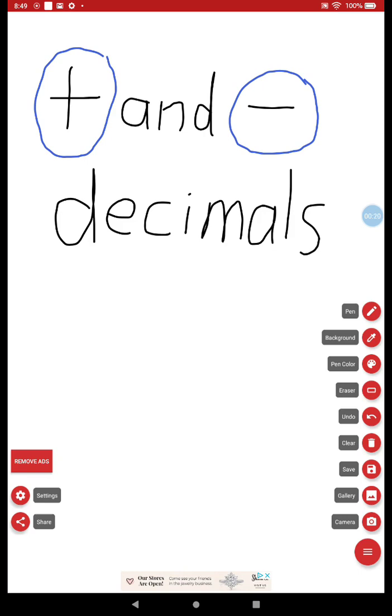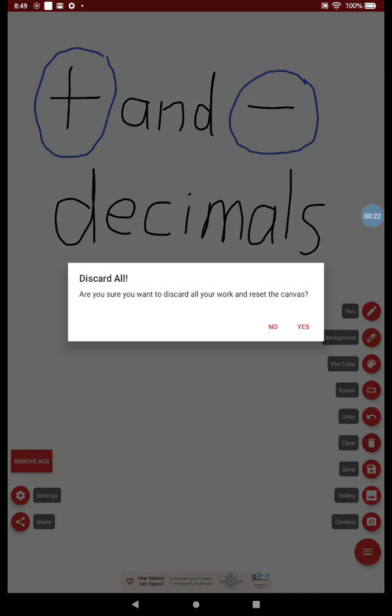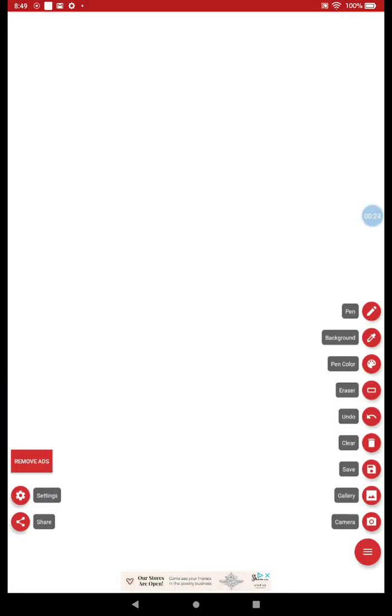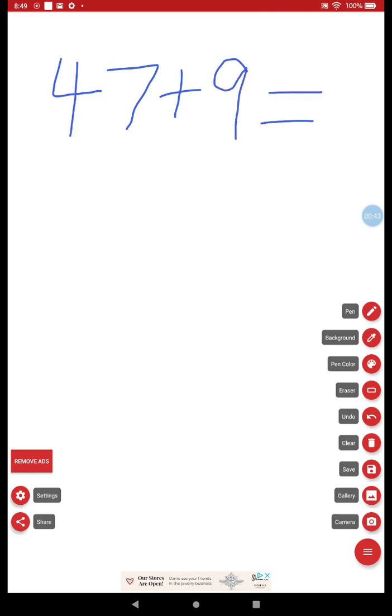All right, now you are used to seeing a math problem that looks like this. When you have, let's say, 47 plus 9, all right?